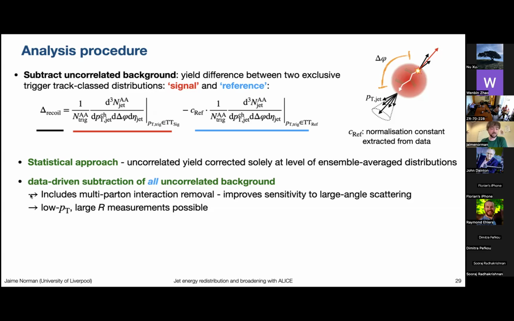And reminding you that these low pT jets are where these effects are expected to show up.